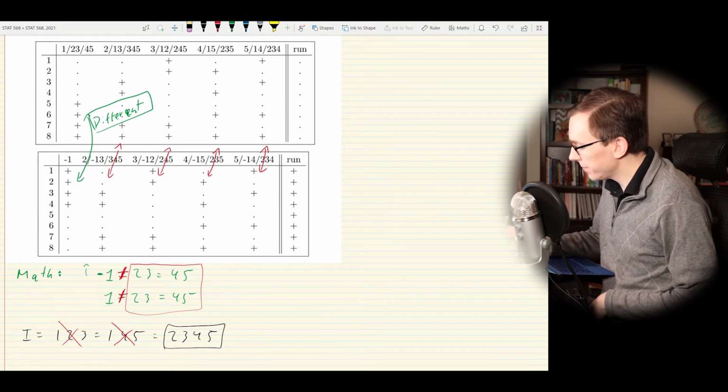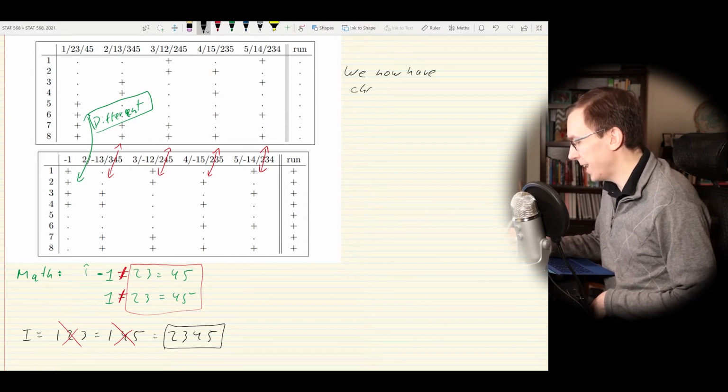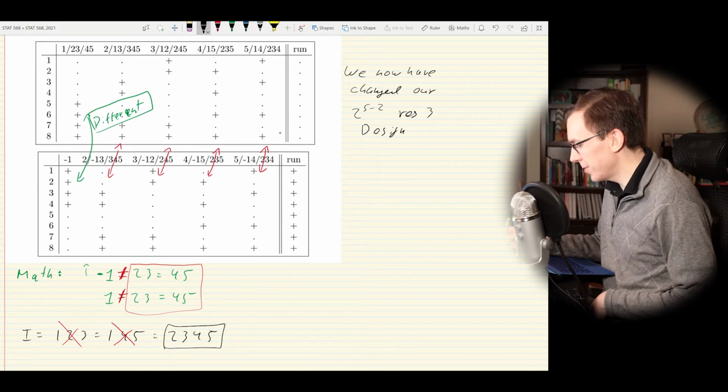We have now changed our 2 to the 5 minus 2 resolution 3 design into a 2 to the 5 minus 1 resolution 4 design, with the defining contrast subgroup just being the single element 2, 3, 4, 5.